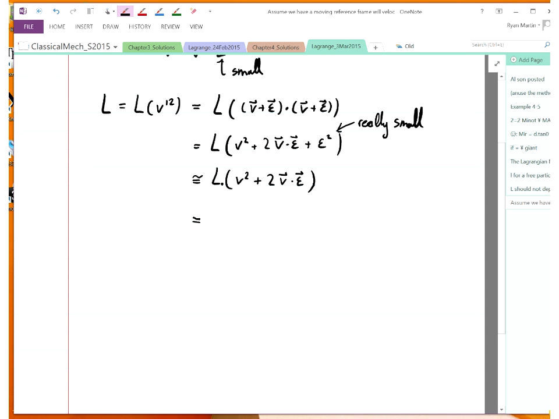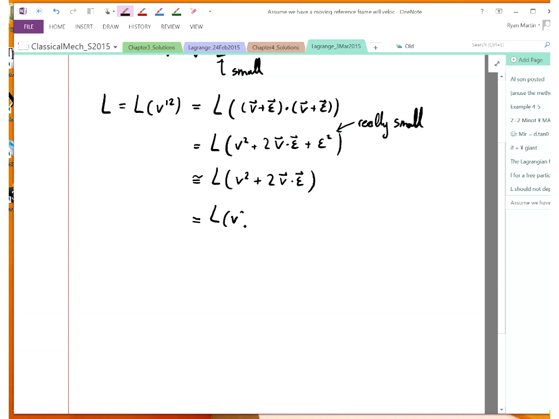Okay, so if I do a Taylor series on that, remember, L of V squared is my Lagrangian, or my function L for the particle. L of V prime squared is your description. So L of V prime squared, we just saw, is the same as L of V squared plus 2V dot epsilon.